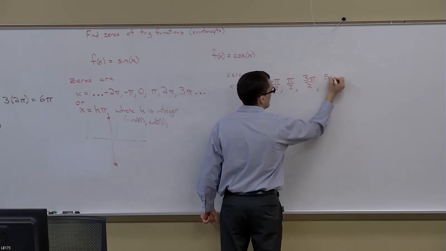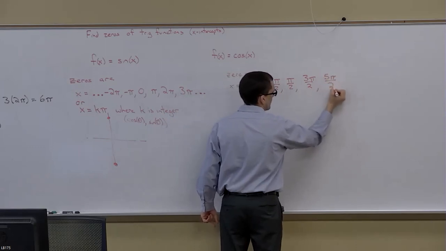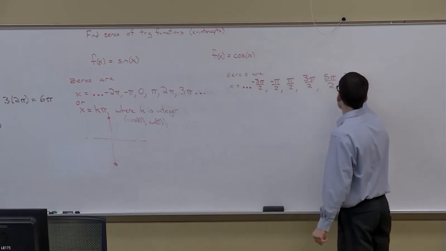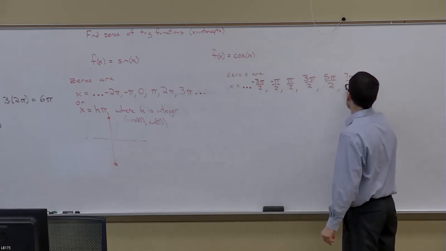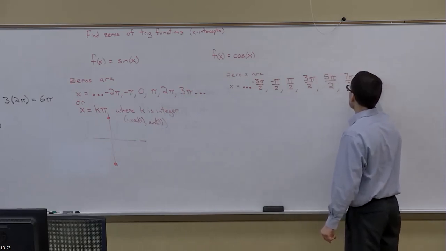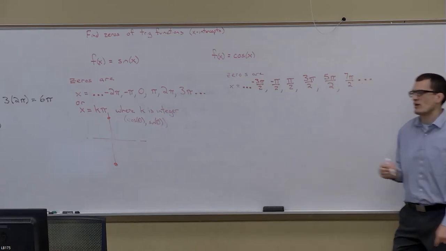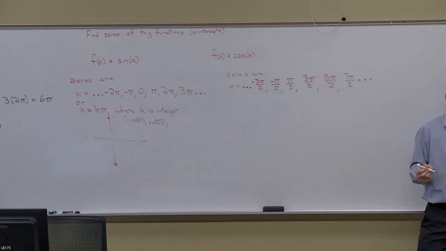Then you can keep going as far as you want, 5 pi over 2, 7 pi over 2. What's the pattern? Well, it's always an odd integer times pi divided by 2.